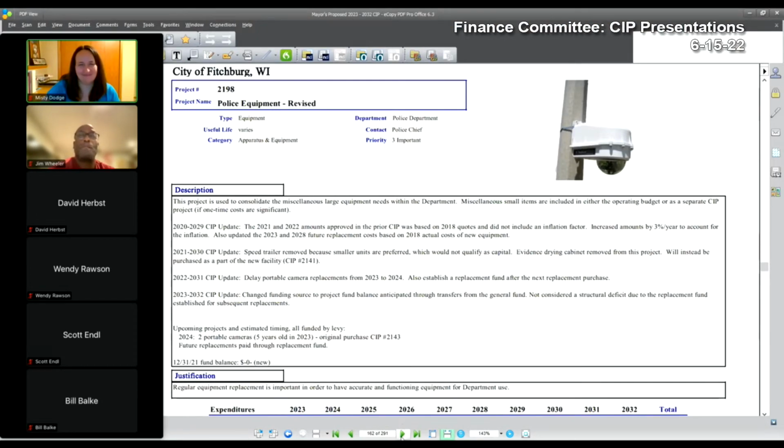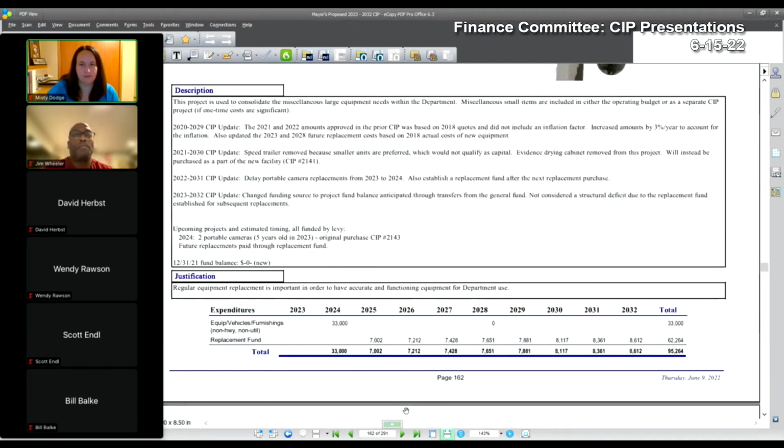Okay. The next piece is, again, more equipment. That's item 2198. This is just regular equipment replacement that happens through day-to-day. It's a miscellaneous line item for things that may break down during the year.